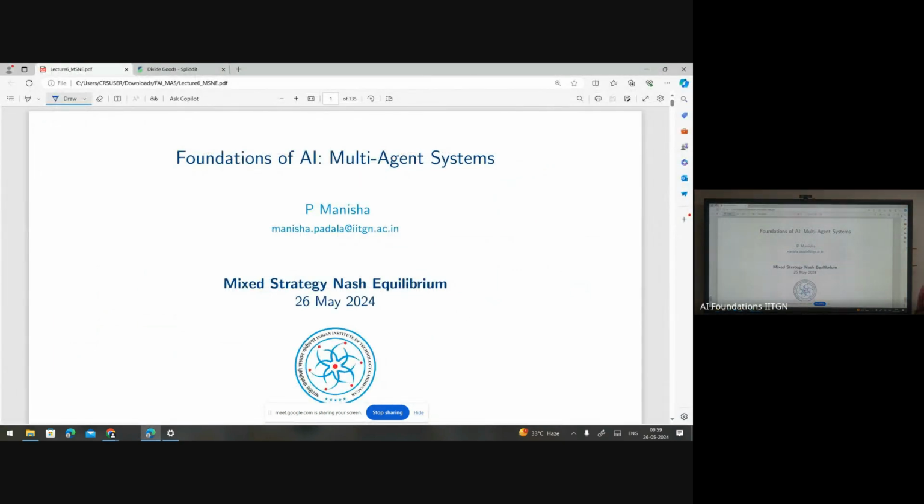So today we'll be looking at mixed strategy Nash equilibrium. We've been talking about pure strategies for far too long. So for the next 3 lectures, including today, we'll be looking at mixed strategies. Today we'll look at what mixed strategies are and what a mixed strategy Nash equilibrium is.